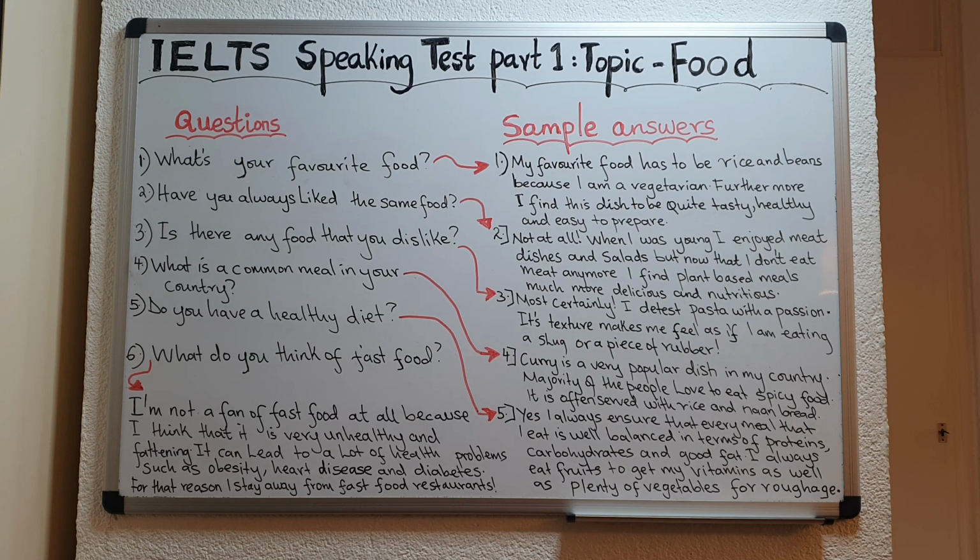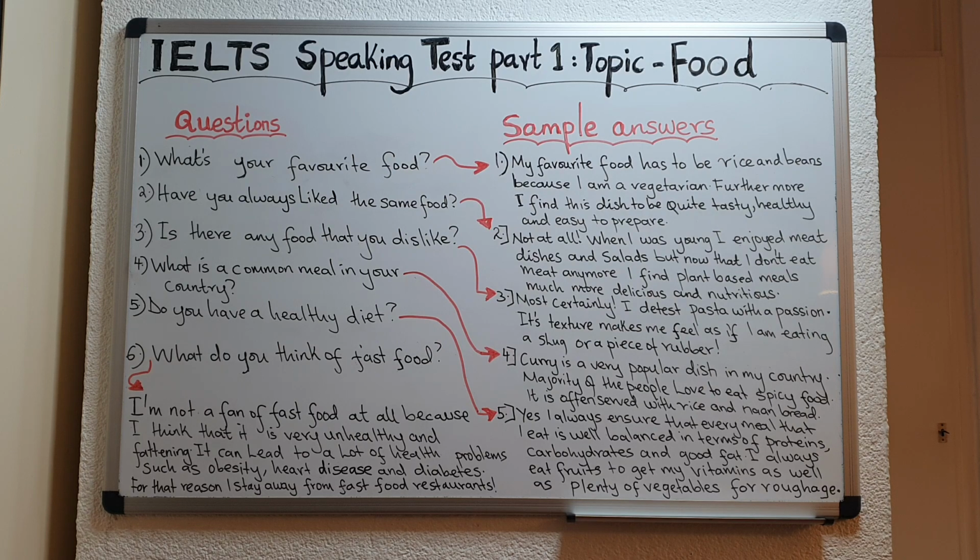Now, tip number one, ensure that for each question you provide 2 to 3 reasons. And to join your reasons together, use joining words. Like for example, in my first sample answer, I used and, and I used furthermore. In the second answer, I used but, okay?